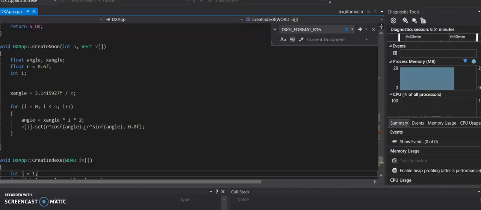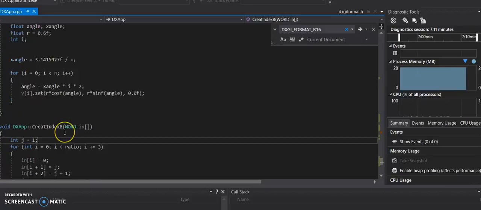For create n-gon, it's basically get the proper vertice positions such that any n-sided polygon would look as close as possible to a circle. So if it's 3, then it'd look like a triangle, and so on and so forth.